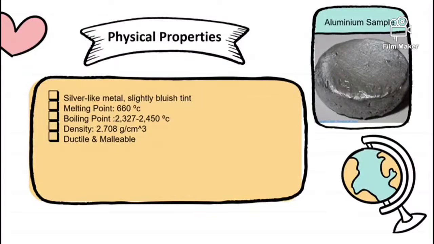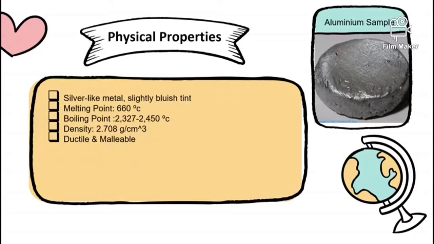Therefore, it also has physical properties such as being a silver-like metal with a slightly bluish tint, as you can see from the aluminium sample at the top right. It has a melting point of 660 degrees Celsius and a boiling point ranging from 2327 to 2450 degrees Celsius.